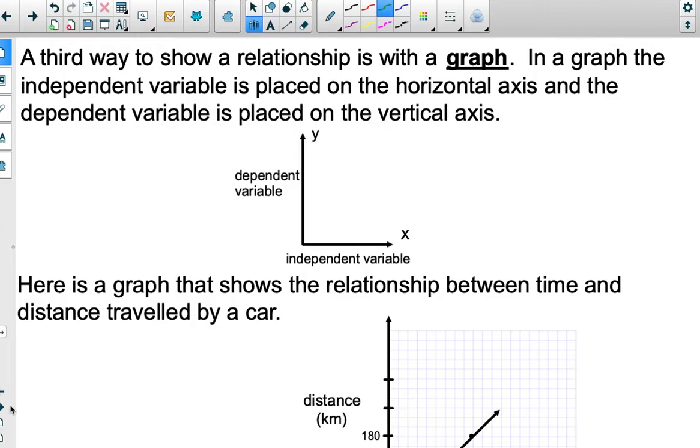A third way to show a relationship is with a graph. In the graph, the independent variable is always placed on the horizontal axis, horizontal like the horizon. So this is a horizontal axis. I'm sure in elementary school you were taught that it is the x-axis. If not, you now know. And the dependent variable is on the y-axis.